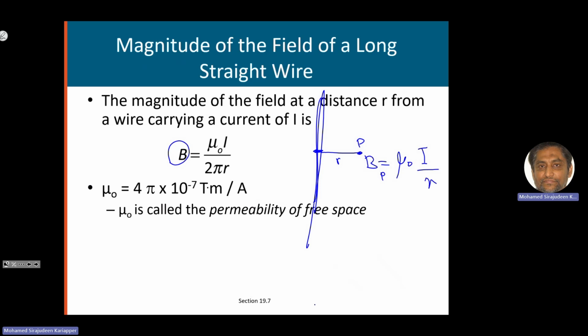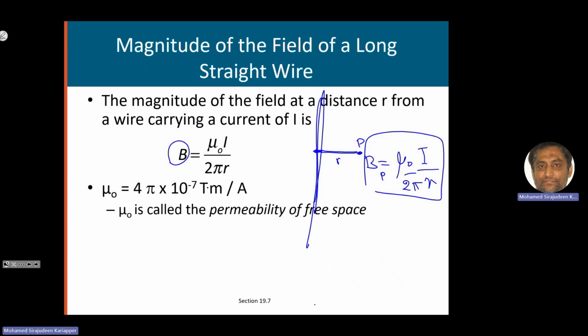And it is inversely proportional to the distance. So if you move away from the wire, the magnetic field will become weaker. So it is a 1 over r relationship. When you come closer to the wire, it will increase. And there is another constant, 2 pi, below. So B = mu0 I / (2 pi r). This is an experimentally verified equation.